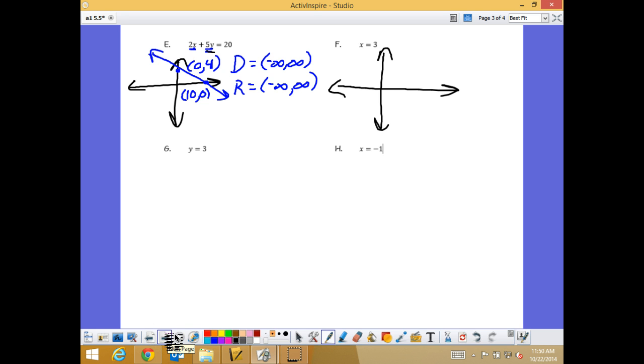Now, if you are missing one of the variables, that means that that line does not cross that axis.